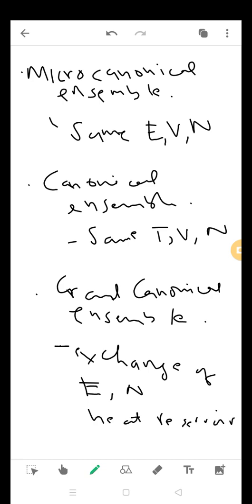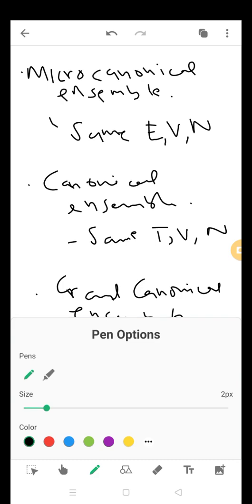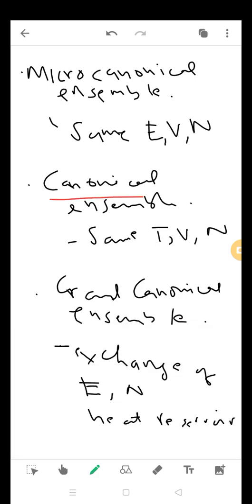And in the canonical ensemble, it can exchange energy, exchange E, but not N. Energy can be exchanged, but not the number of particles.